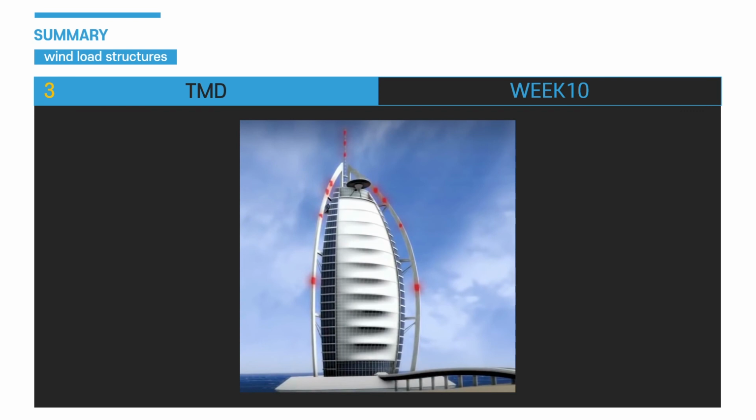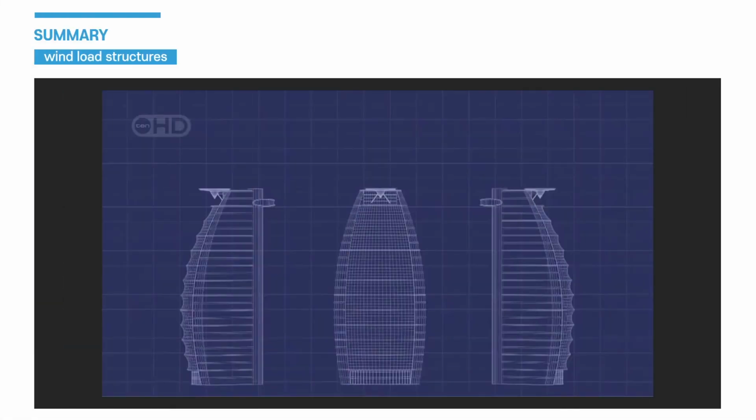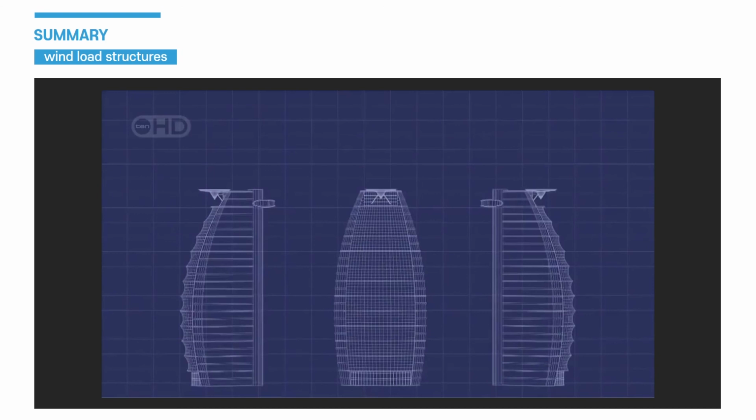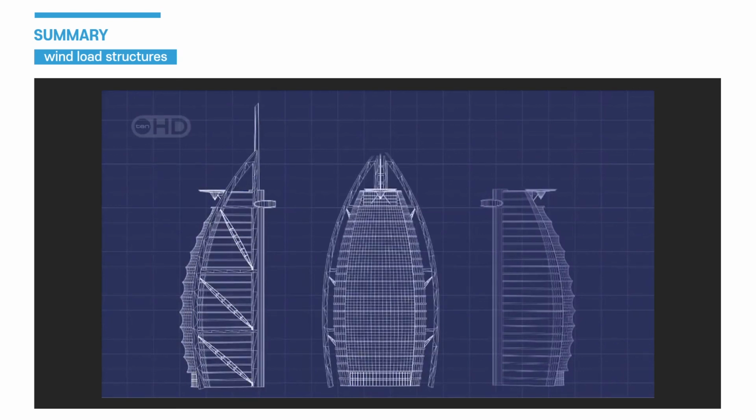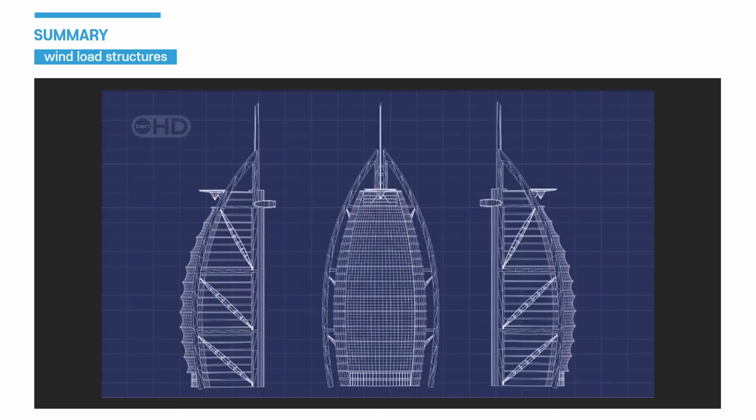Lastly, TMDs were applied for more stability in 11 parts of the building. In the end, all these structures for stability could fit fluently to the whole building without going against the architect's initial design to create an icon of Dubai.